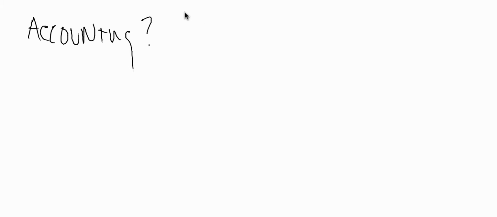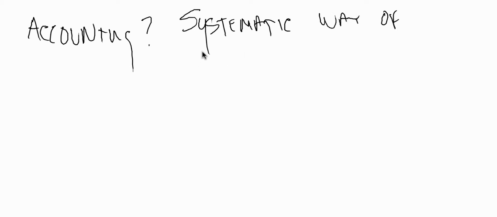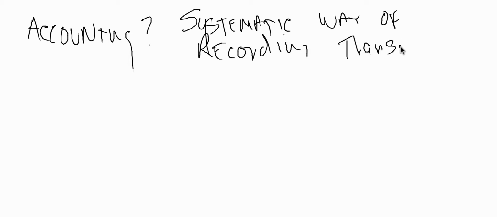First thing I'd like to do is define accounting. And really all it is, is some systematic way of recording transactions. That's all it is. Okay? Some systematic way of recording transactions. It doesn't matter what kind of transactions.